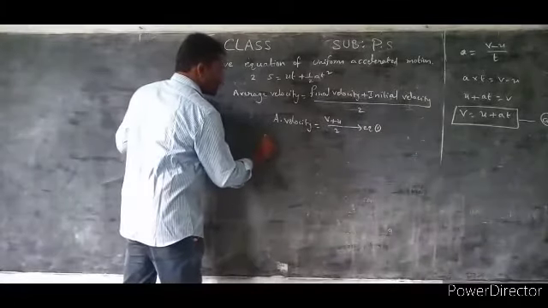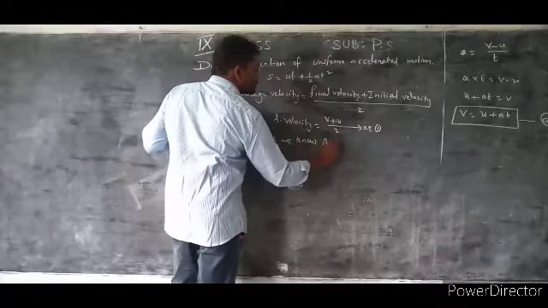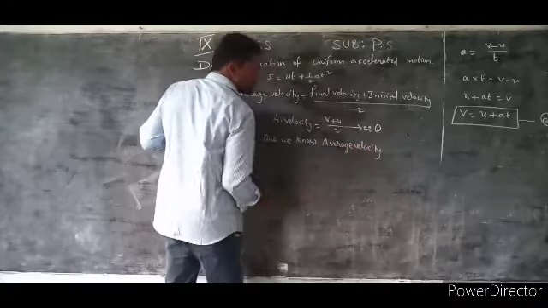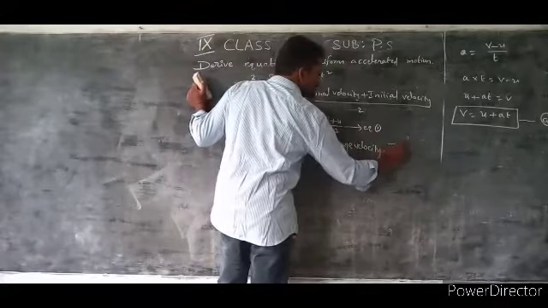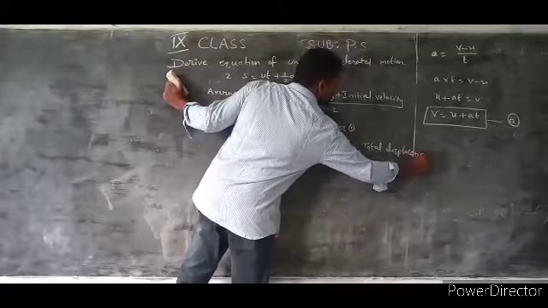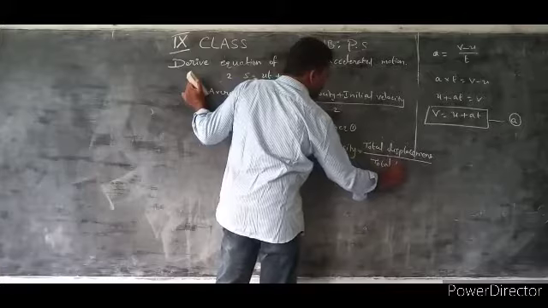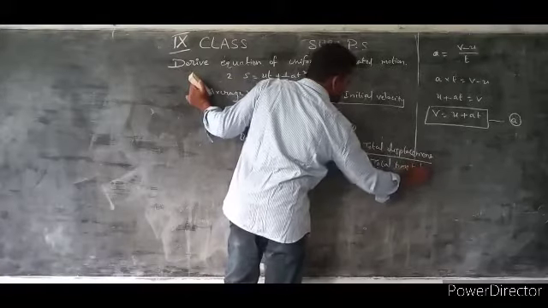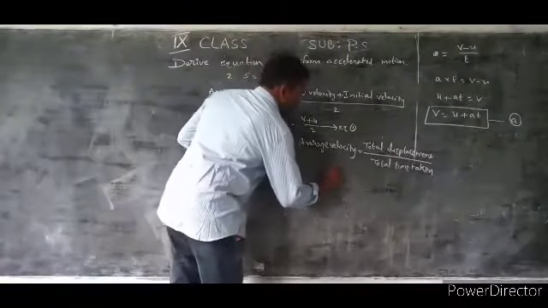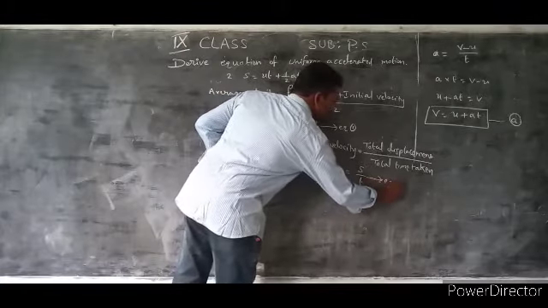But we know average velocity is equal to total displacement by total time taken. Therefore, average velocity is equal to s by t. That is equation 2.